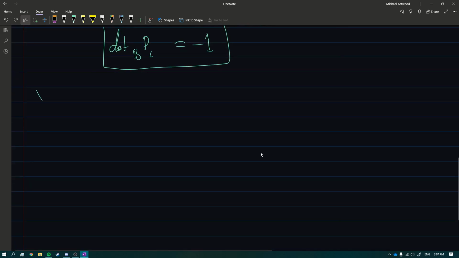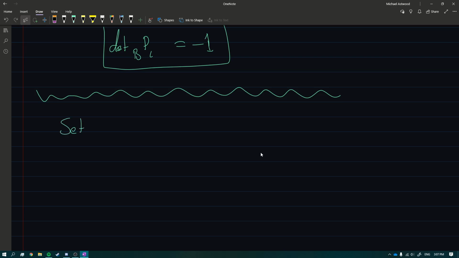Another way to compute orientations is to give x hat, y hat and z hat a dual basis, which I'll call x tilde, y tilde and z tilde, so that we can compute x tilde wedge y tilde wedge z tilde.